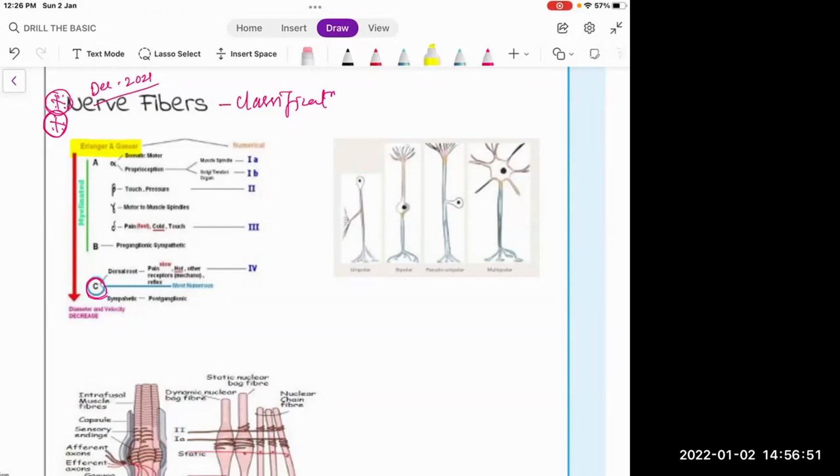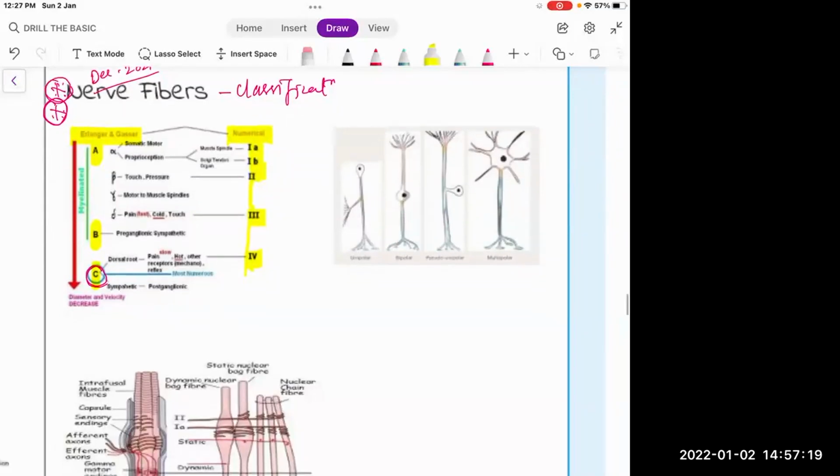They classified the fibers as A fibers, B fibers and C fibers. There is also another classification, the numerical classification, where they have given type 1, type 2, type 3, type 4 as terminologies. Altogether both are determining the same. First we will see the Erlanger and Gasser classification.